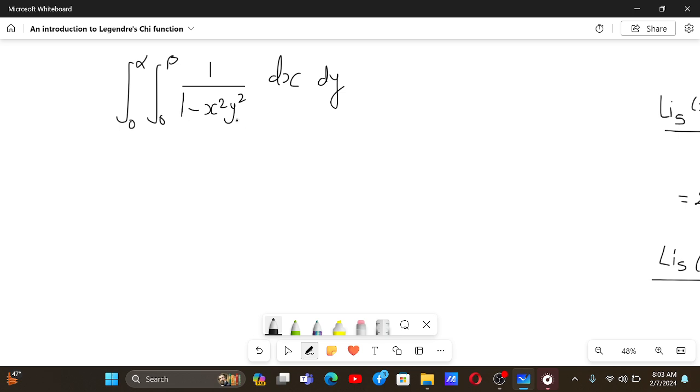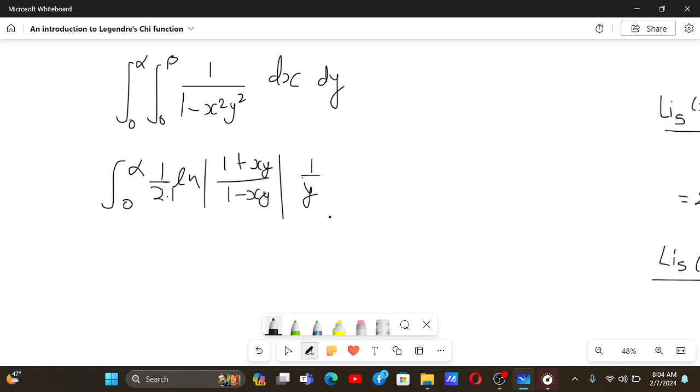Since in the world of x, y is just a constant, this is a 1 minus z squared form. So the integral is the standard 1 by 2a ln of 1 plus z by 1 minus z, and a is just 1 here. And since y is a constant in front of x, we have to write 1 by y as well. This is going from 0 to beta per dy.